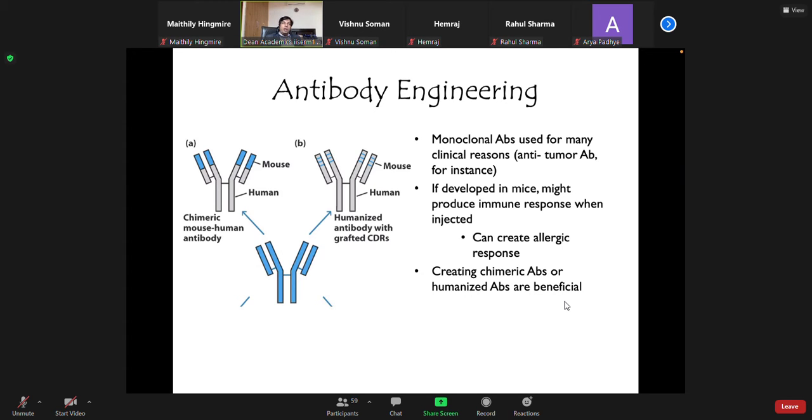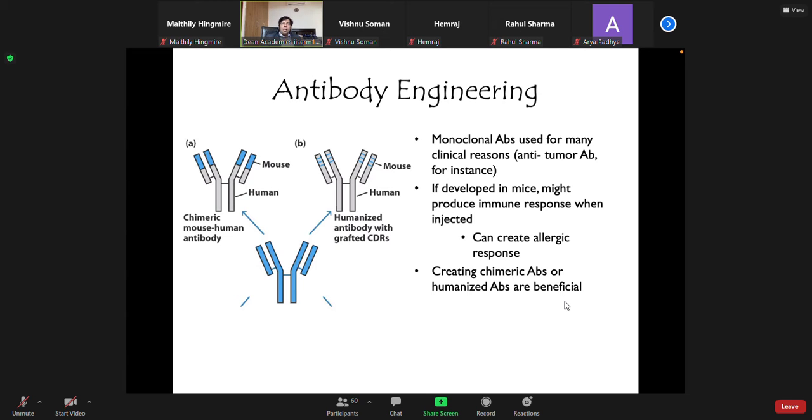After the first injection, if you generated antibody against this antibody that you injected in humans, but the source of this antibody was animals, mouse, obviously those antibodies are going to bind to this antibody. They generate immune complexes, and then you start getting all kinds of hypersensitivity reactions, anaphylaxis.